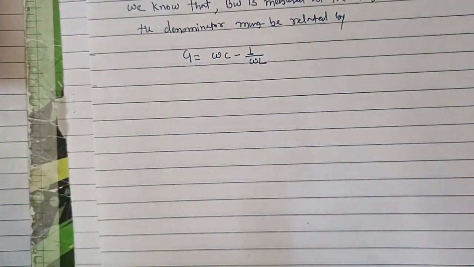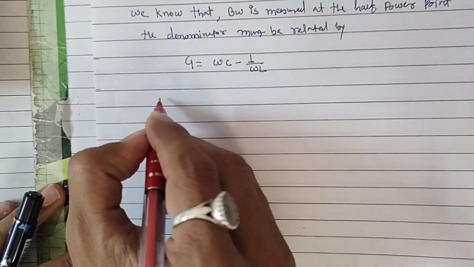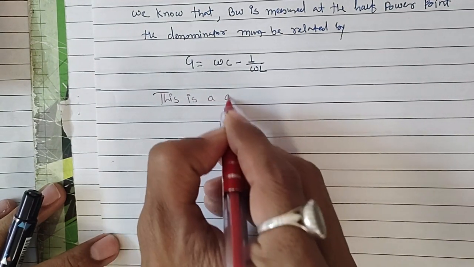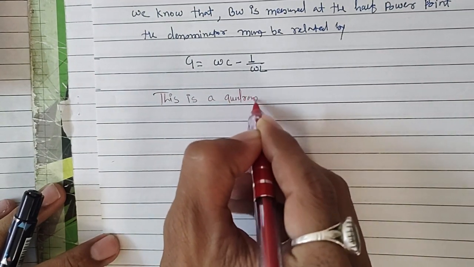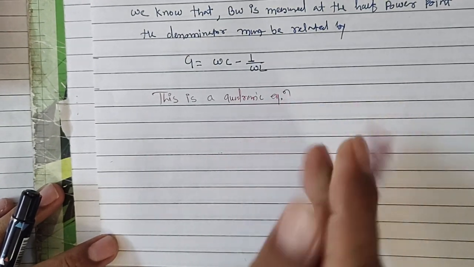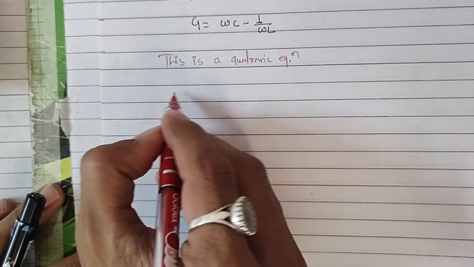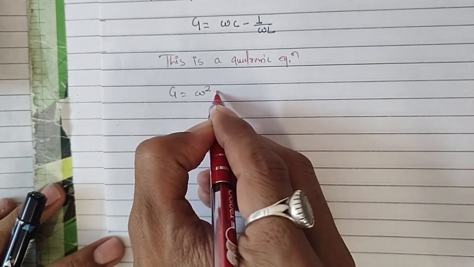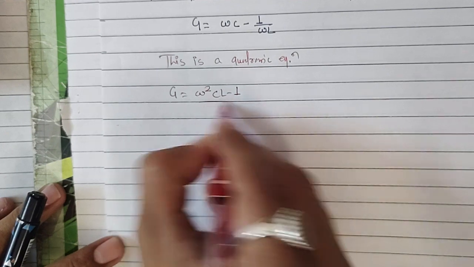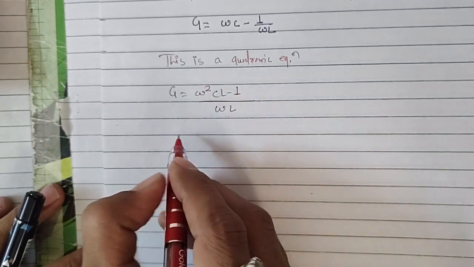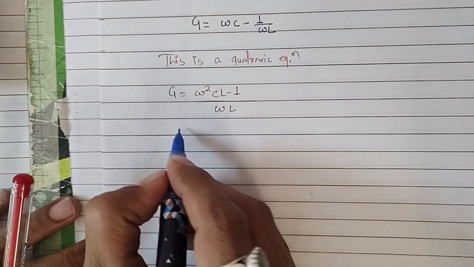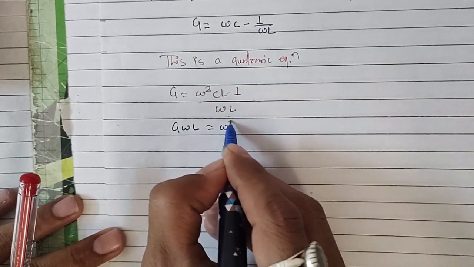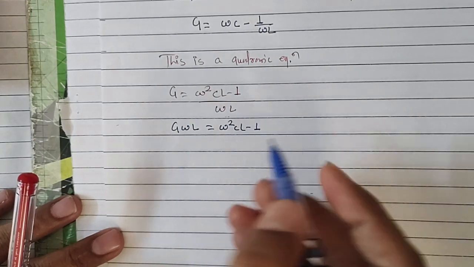Now this is a quadratic equation. Now let us solve this equation. So G is equal to omega square CL minus 1 by omega L, that is G omega L equal to omega square CL minus 1.